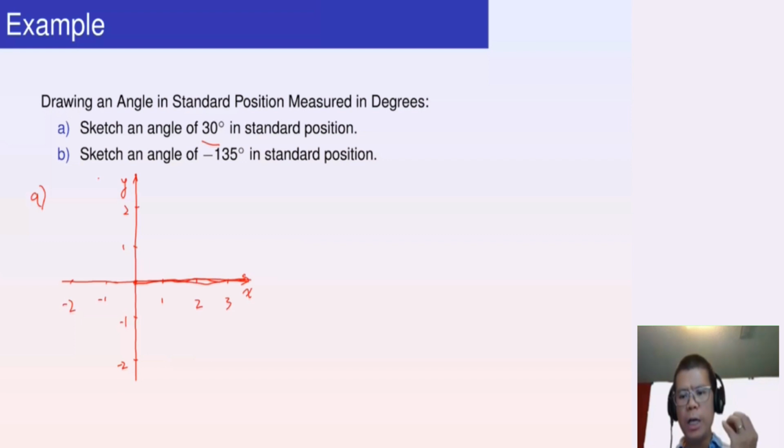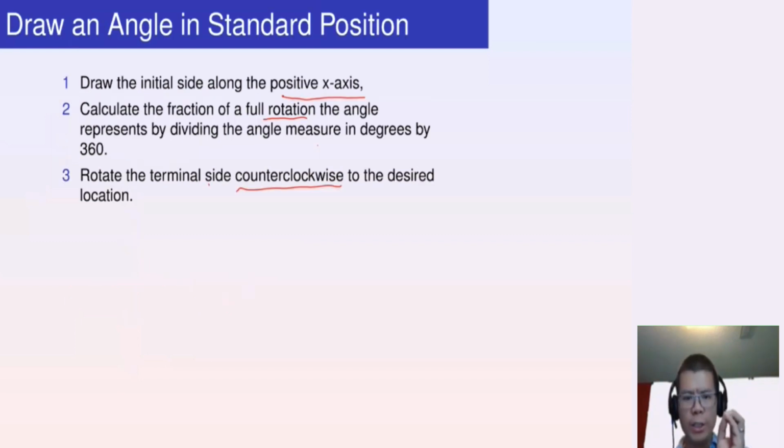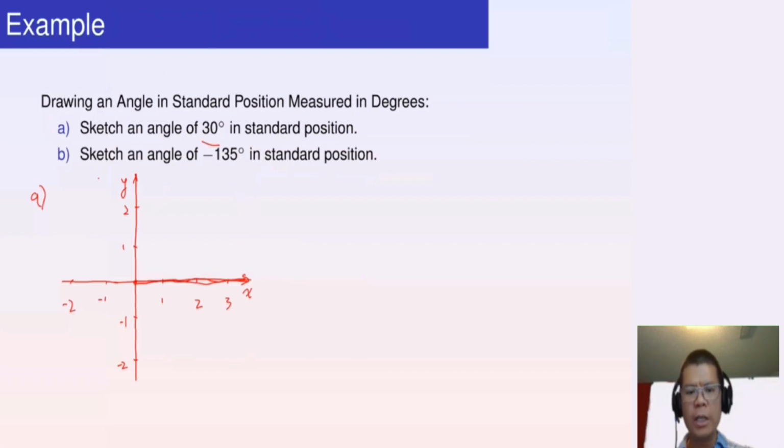So what we need to know is, calculate the fraction of a full rotation. So we know that 1 degree is 1/360. What is the fraction of 30 degrees?